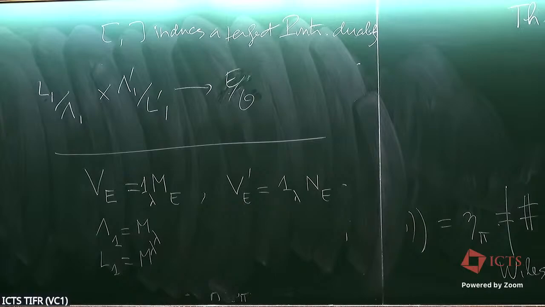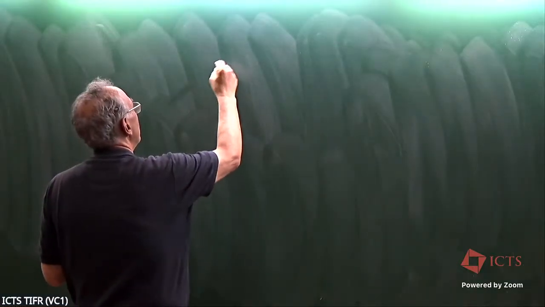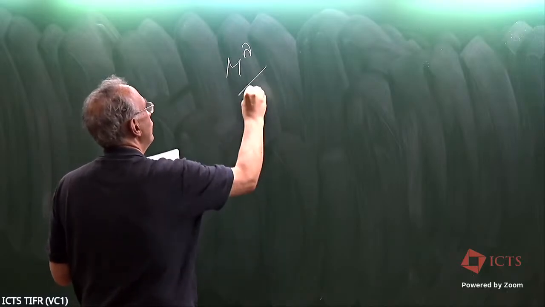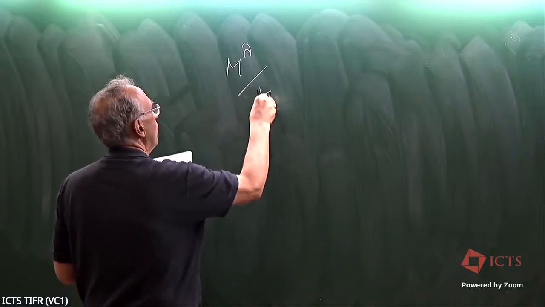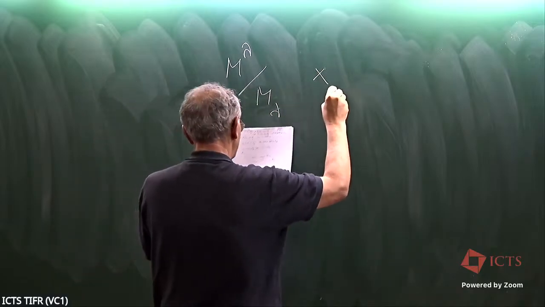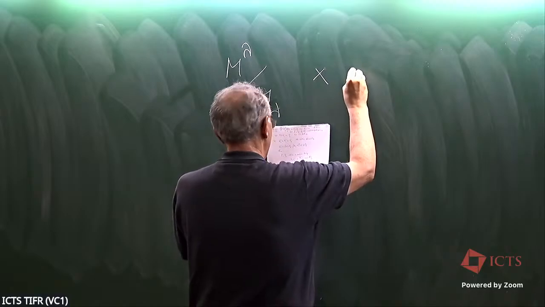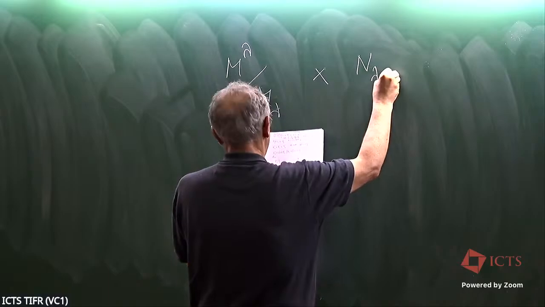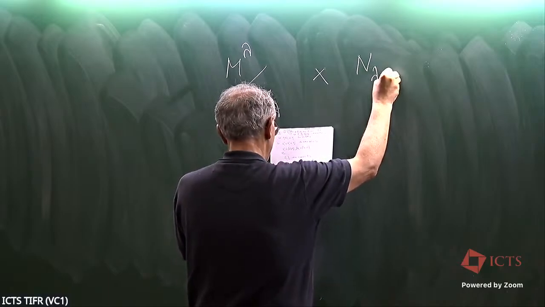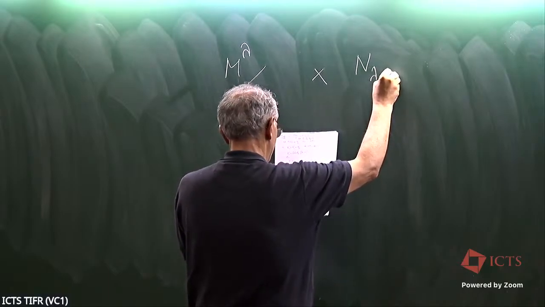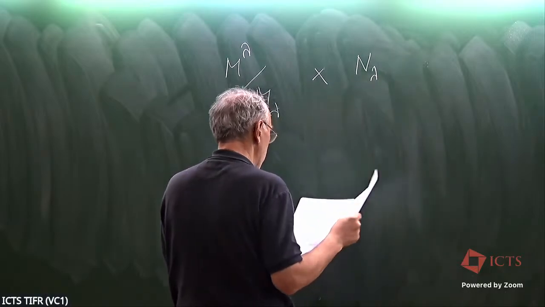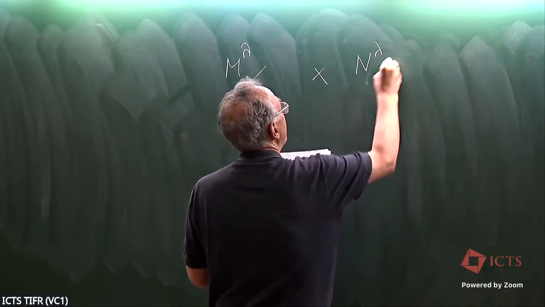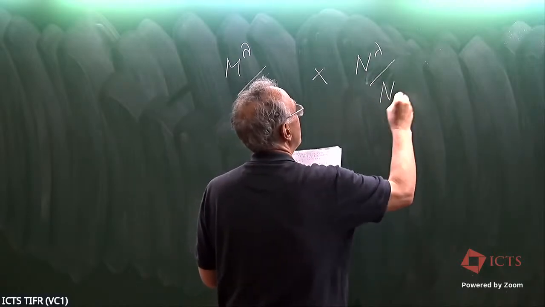So we have to prove, you see, what we want is a duality between M_lambda modulo N M_lambda and N_lambda modulo N N_lambda.